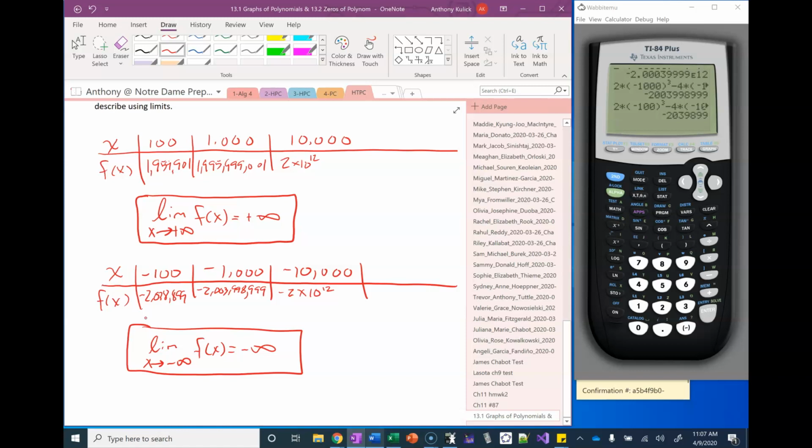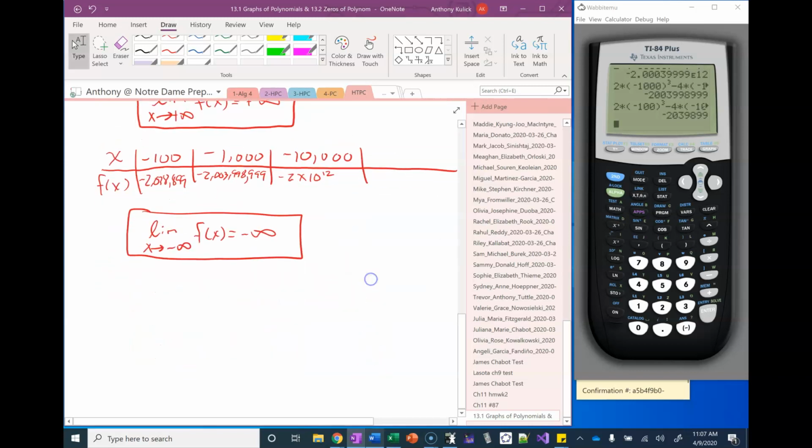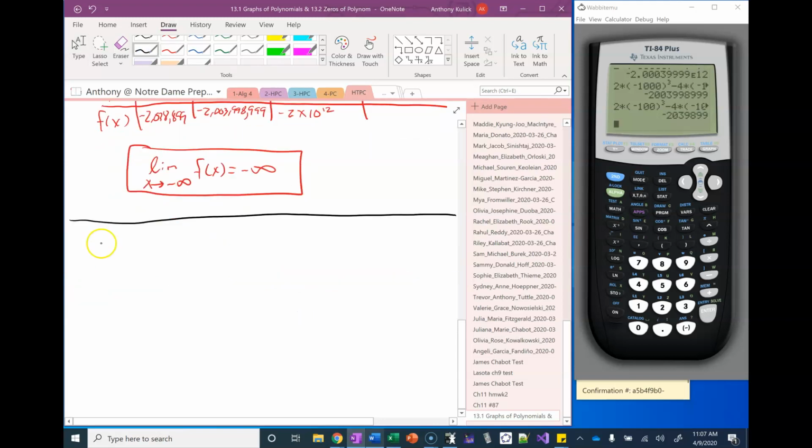Now, that's one way of approaching this, but some of us probably remember from our previous course that if we look at the leading coefficient and the degree, we can figure out what these end behaviors are without actually having to create a table of values.